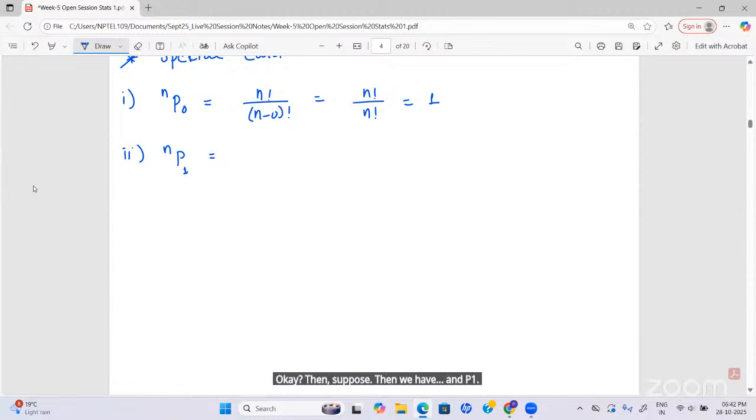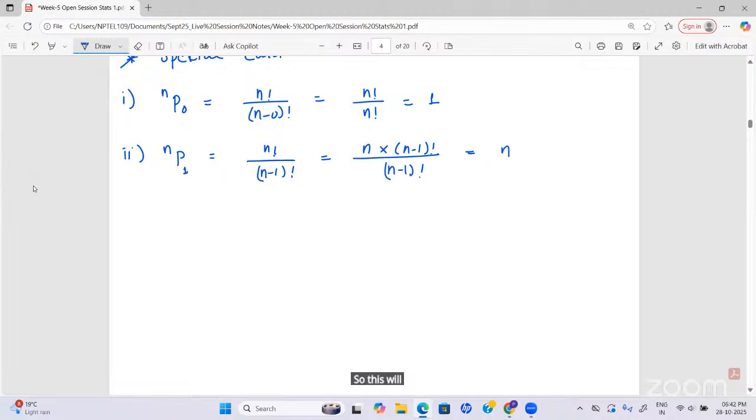NP1 will be n factorial divided by n minus 1 factorial. Now we will solve it. n factorial we can write as n into n minus 1 factorial, and in the denominator also we have n minus 1 factorial. So this will be equal to n.